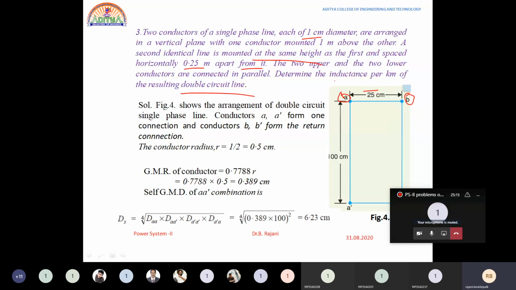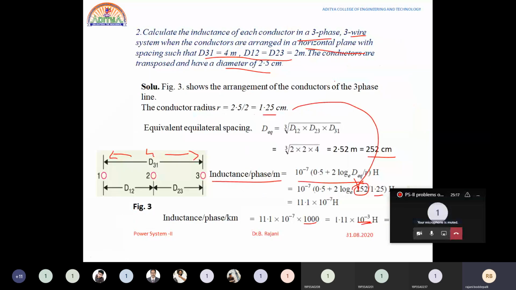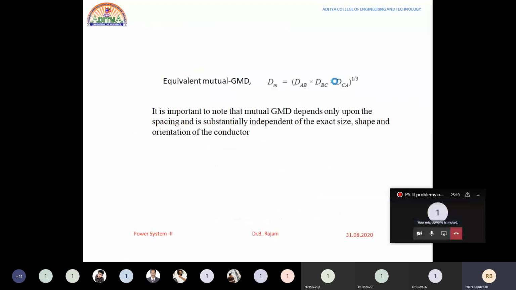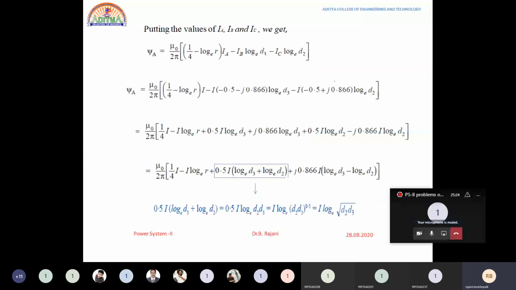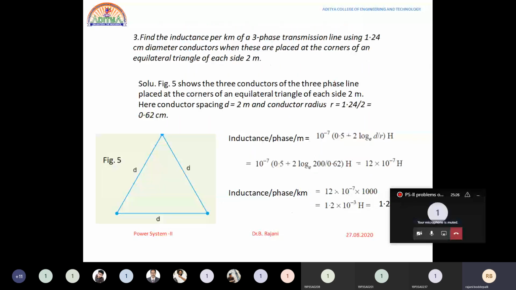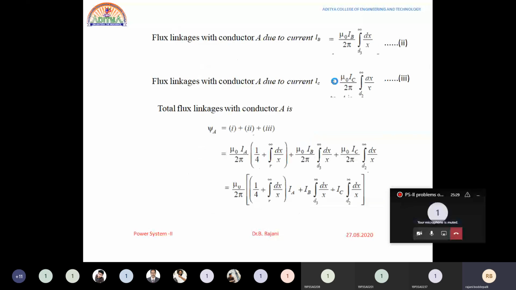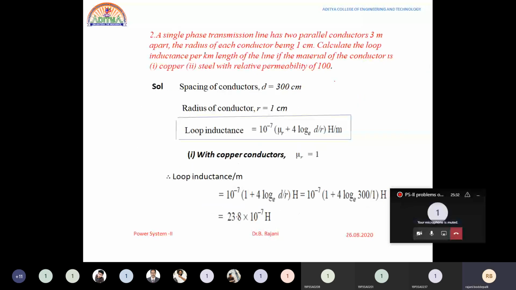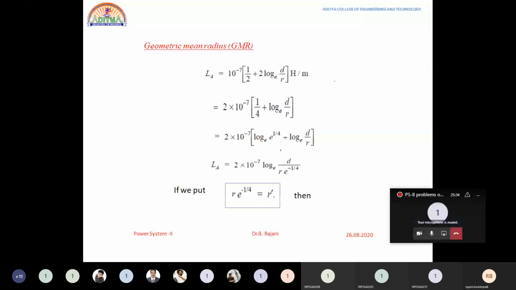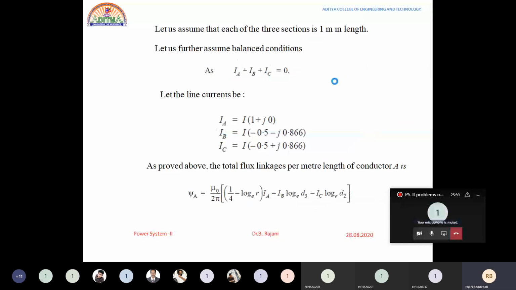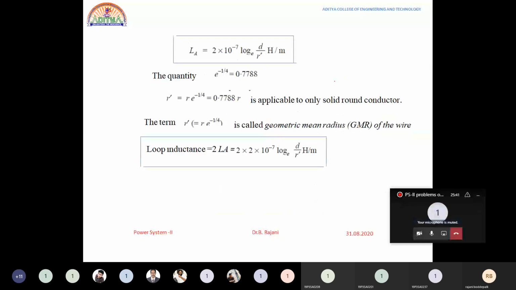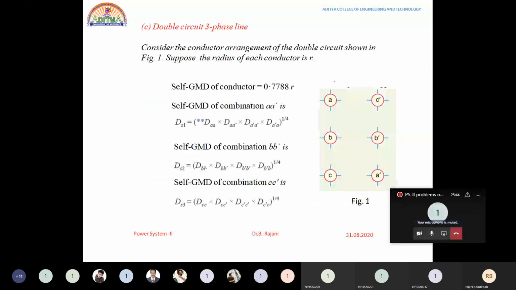In some cases, as we have discussed in the last classes, the three-phase double circuit line has been given like this. I'll show you the diagram so that you can understand better. See here, this is the double circuit three-phase line.